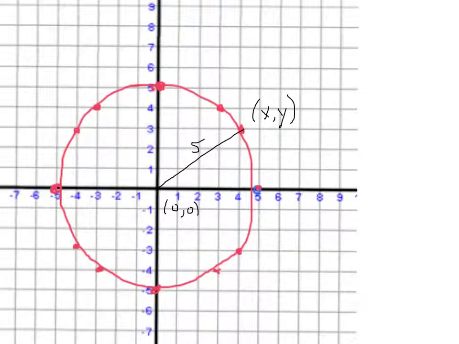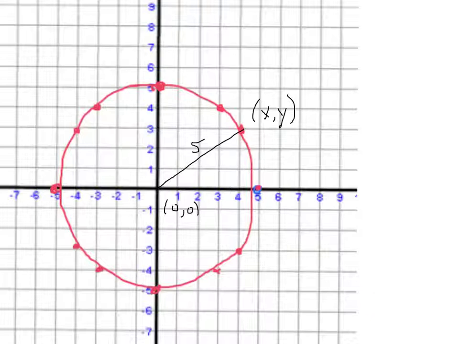So we're kind of using the distance formula inside out here. Instead of giving 2 points and finding the distance, we're given the distance and 1 point and asked to write an equation. So if we use our usual distance formula, I'm going to adjust it a little bit. Usually our distance formula has a square root in it.